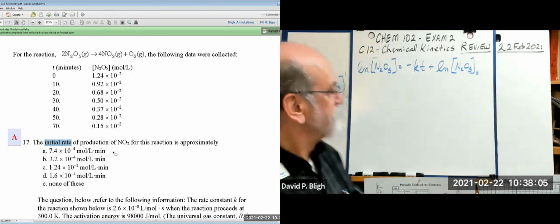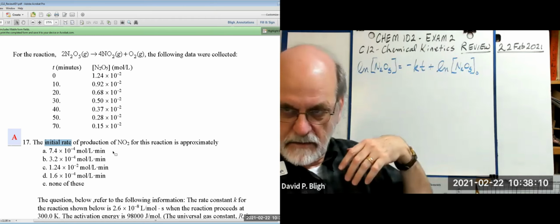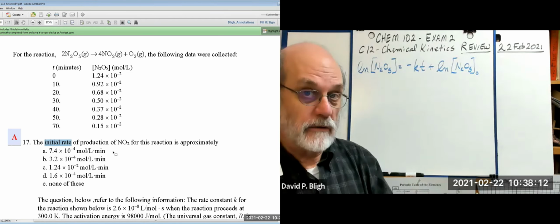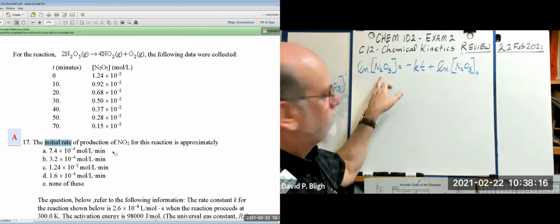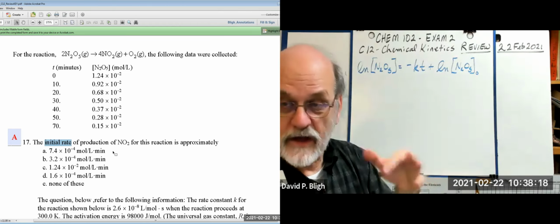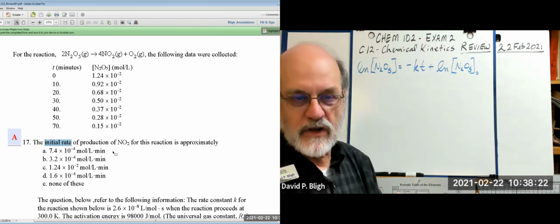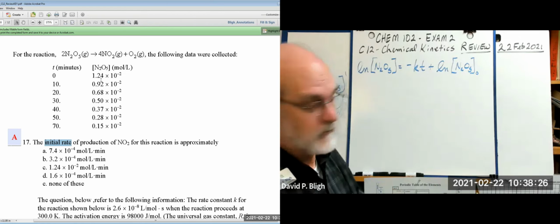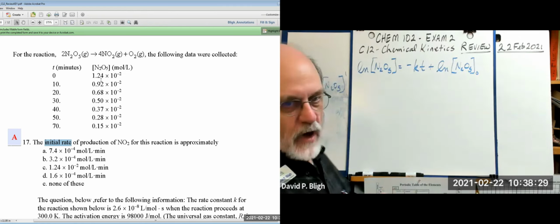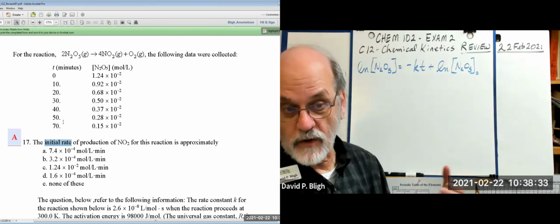In order to do that, you've already been given that it's first order. So you can use initial and final concentrations anywhere in the equation, because now this is a straight line. But we have to turn them into natural logs. So over how much time? Let's just use the start and the end of the experiment, 0 and 70.